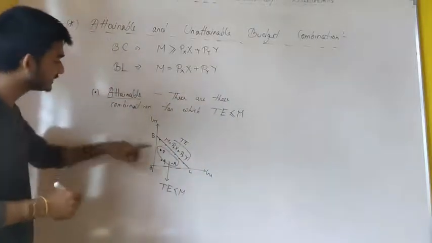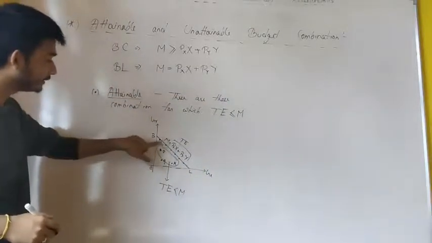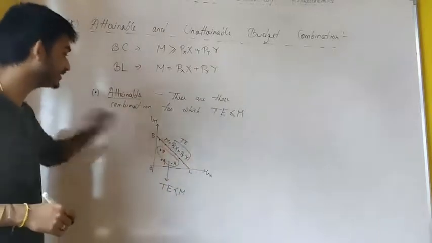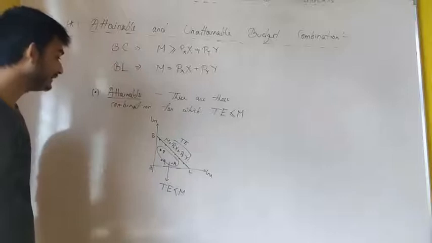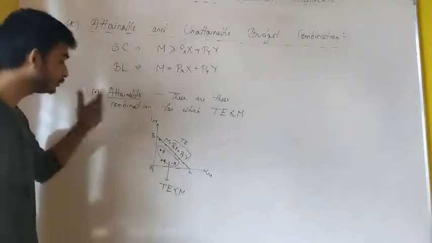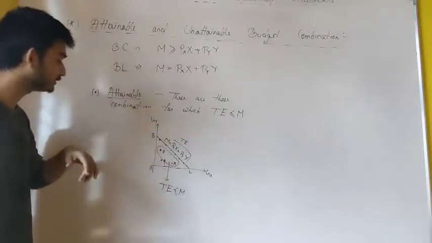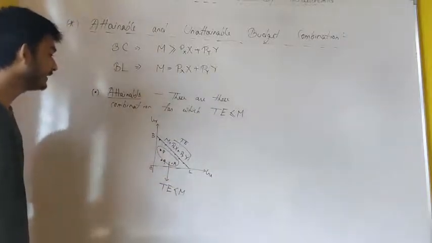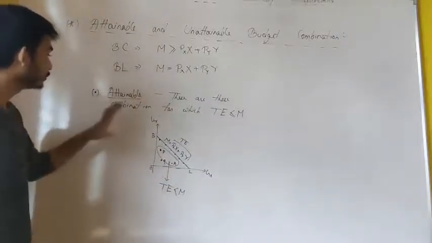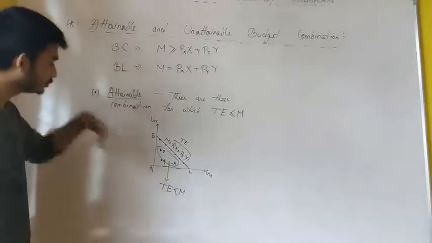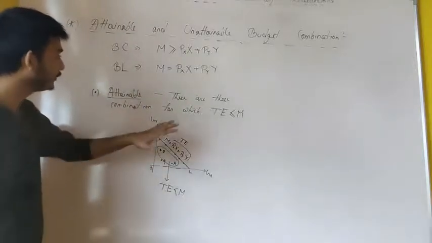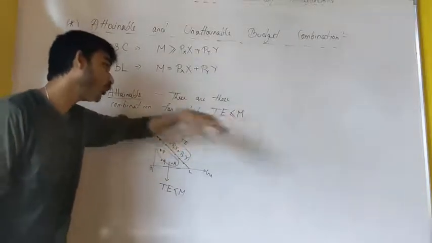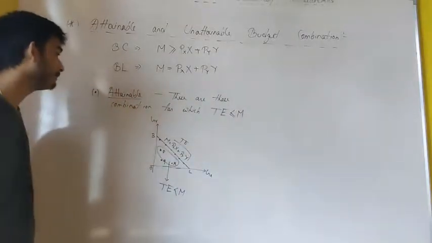So on the budget line we have the combinations of two goods for which total expenditure is equal to my money income, and below the budget line we have those combinations for which total expenditure is less than my money income. So attainable combinations are those combinations for which total expenditure is less than or equal to my money income.